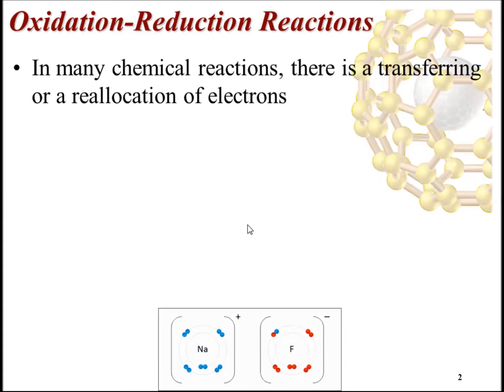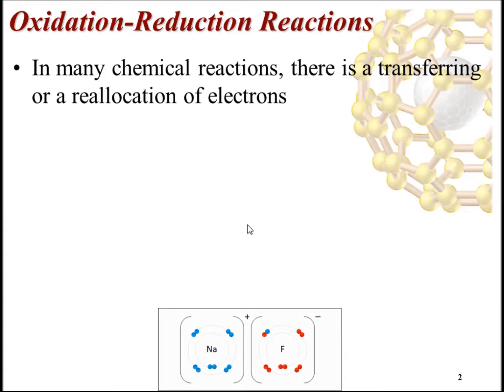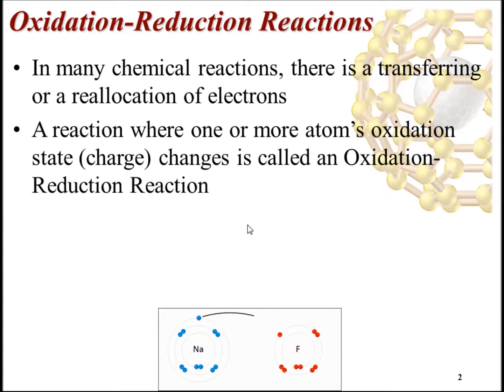Now, as you know, in chemical reactions, the goal is to get the octet, either by transferring or sharing electrons. So any reaction where there is a transferring, that's called a redox reaction or an oxidation reduction reaction. As you can see in our definition here, it's where one or more atoms' oxidation state changes during the reaction.